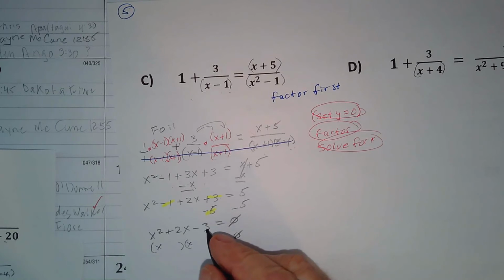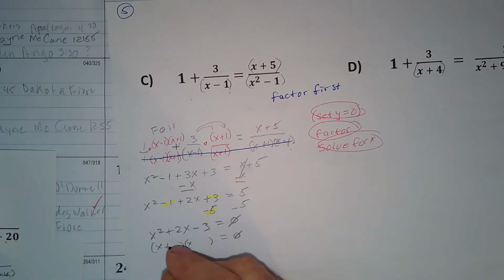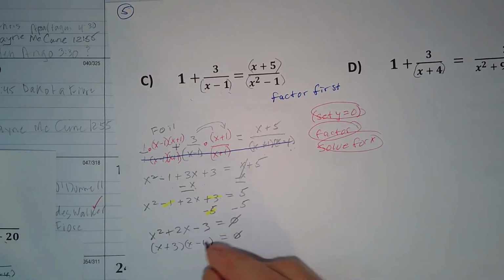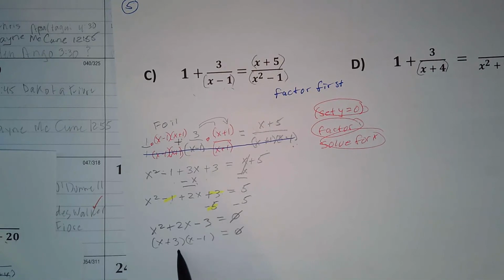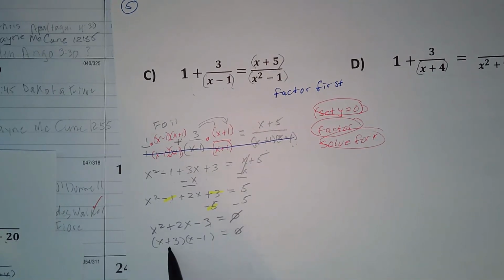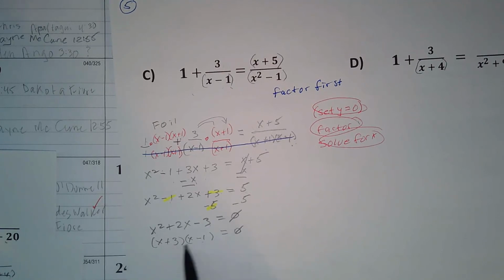That's got to be plus 3 and minus 1. Okay? So 3 times -1 is -3, and then 3x and -1x is 2x. So it all works out.